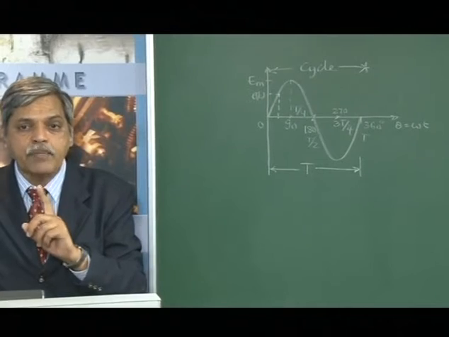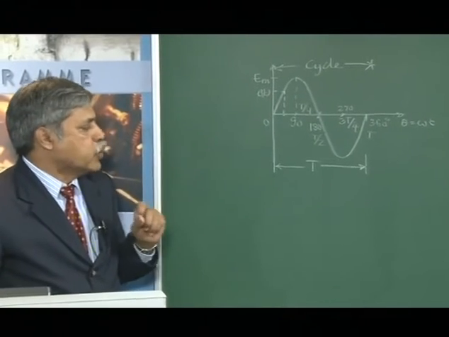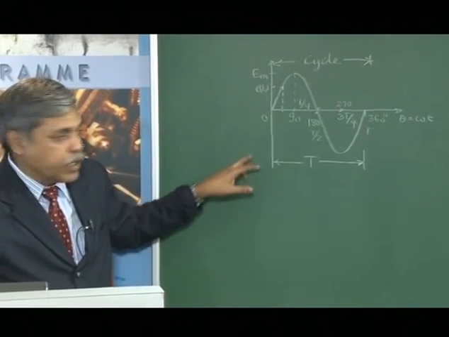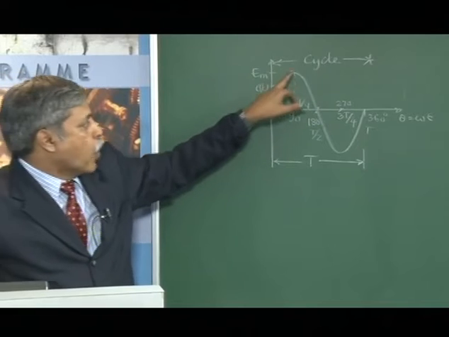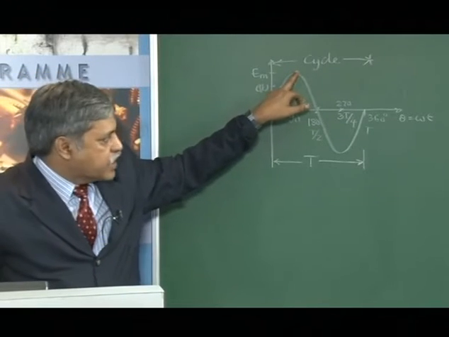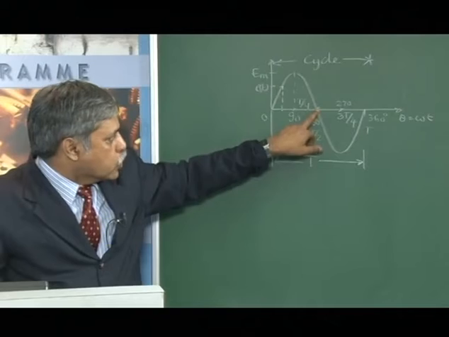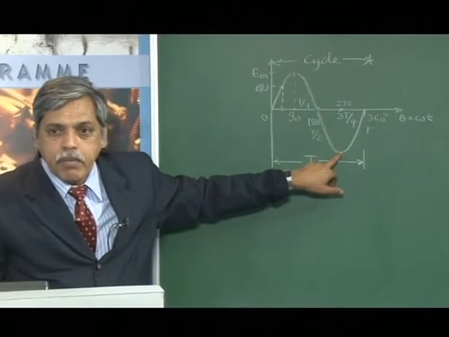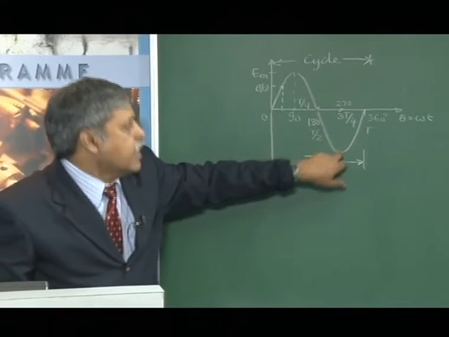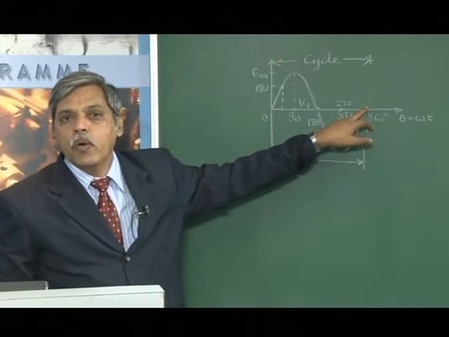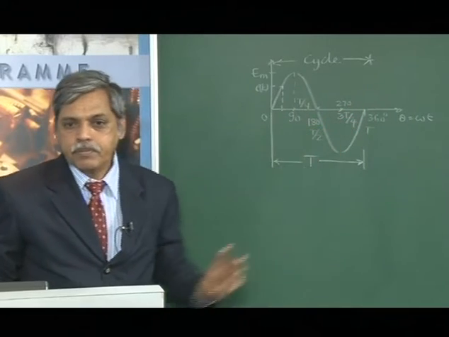In one cycle, the value of the induced voltage increases from 0 to a positive maximum, decreases to 0, goes through 0 to a negative maximum, and again increases back to 0. So this is one full cycle.